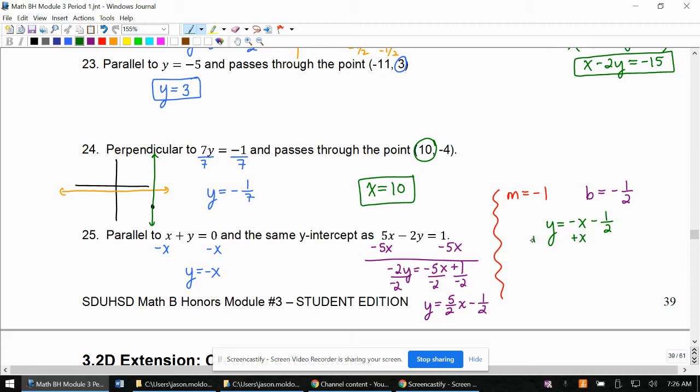And unfortunately, I do need to convert this into standard form. And it's almost perfect. The only issue is that this can't be a fraction. It can be negative, and it must be negative. So 2x plus 2y equals -1 is my final answer for the last problem on this lesson.